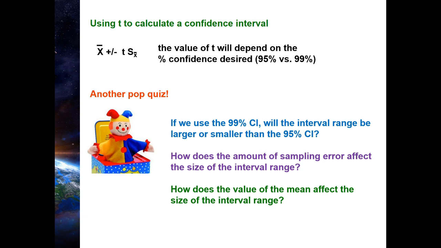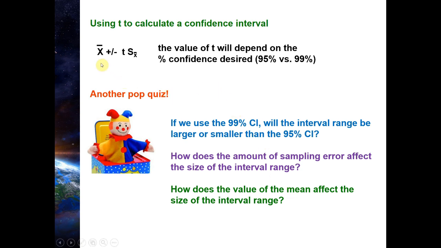The range, the actual range of values. That is, whether the spread is 10 points, 15 points, does it affect the interval size? The answer is, it doesn't. All the mean does, besides sitting in the middle of the interval, right? X bar is always in the middle. All it does is it gives you a reference point.